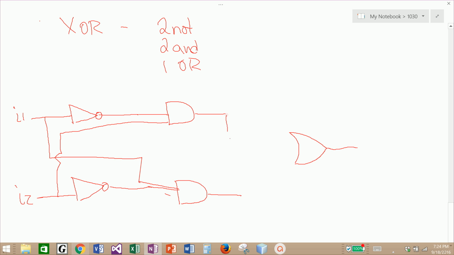And both of these AND gates are going to come into the OR gate. So we have 2 inputs that lead to a single output. This is an example of an exclusive OR. My apologies to the graphic artists in the room. I am not artistically inclined.